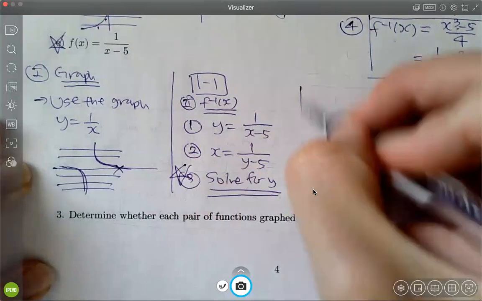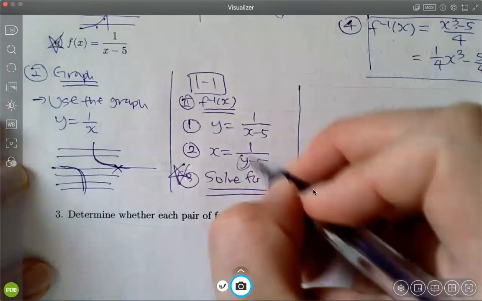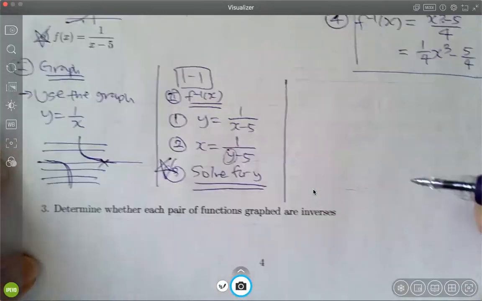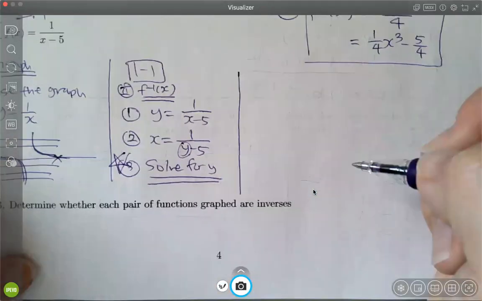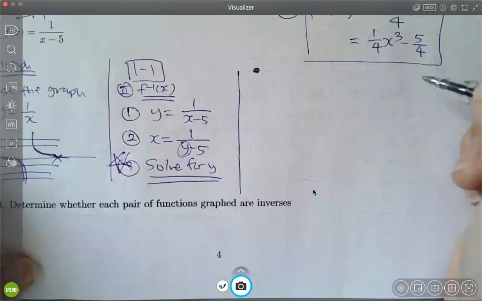And it's even trickier than the one before. So here is y in the denominator. What can we do first to isolate y?